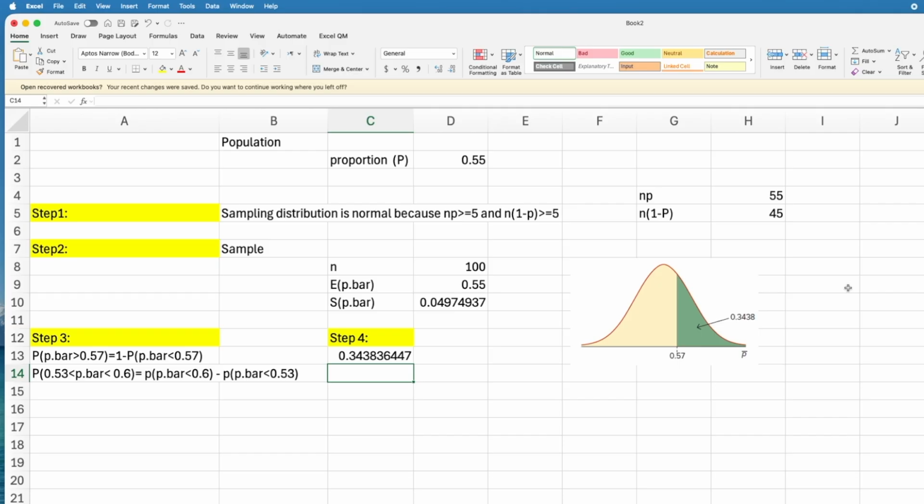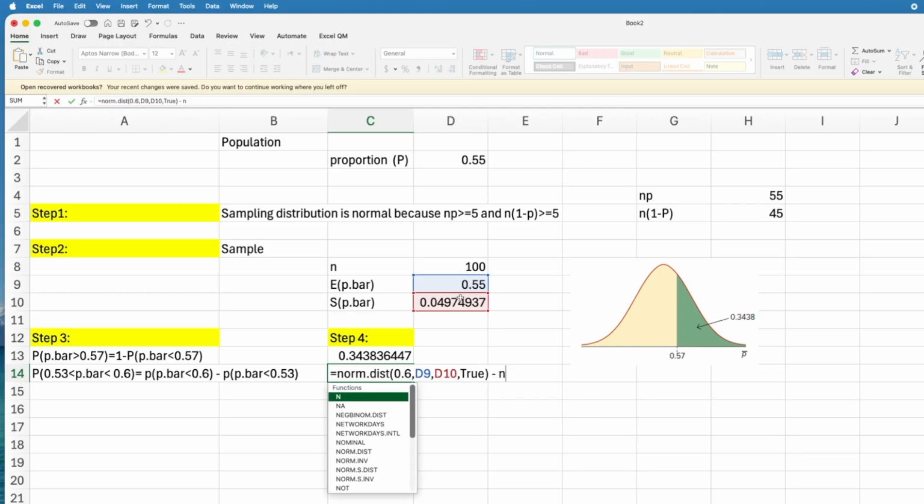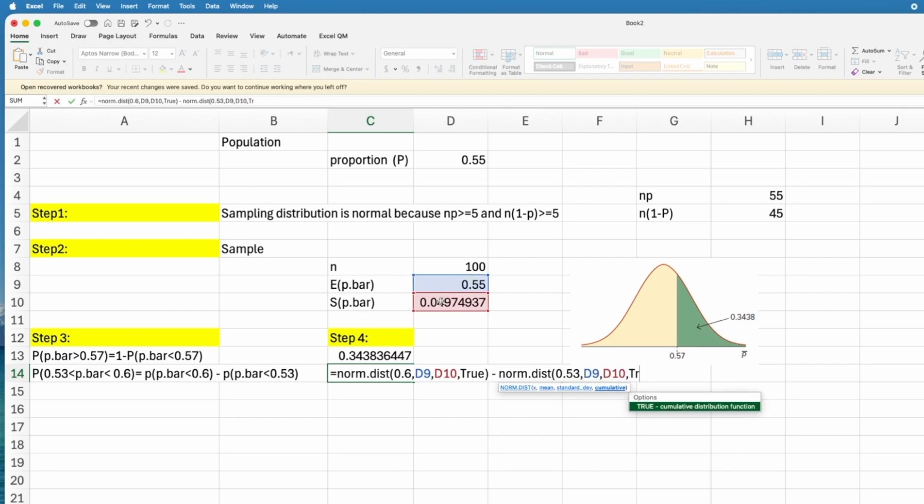So that's equal to NORM.DIST of 0.6, comma, the mean of the sampling distribution, the standard deviation, and TRUE, minus NORM.DIST of 0.53, comma, mean, standard deviation, and TRUE.